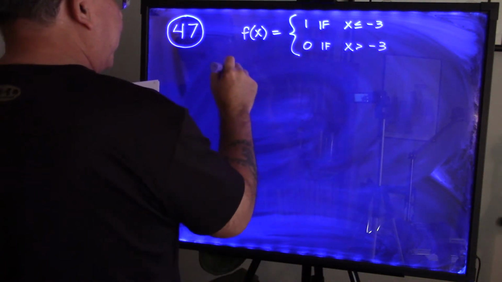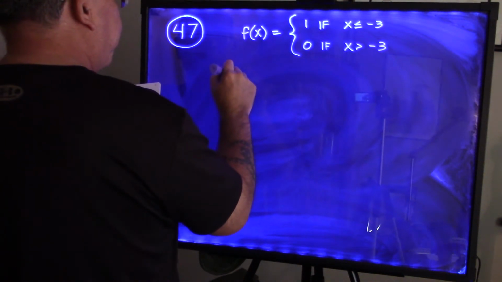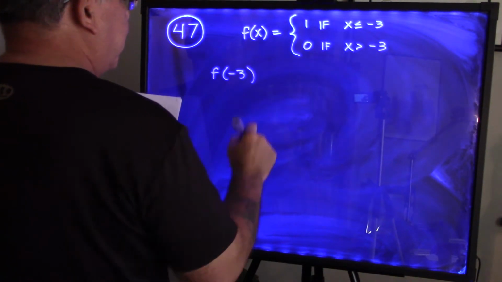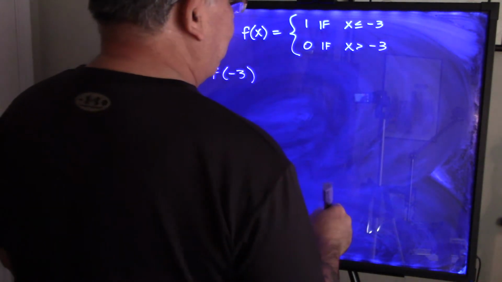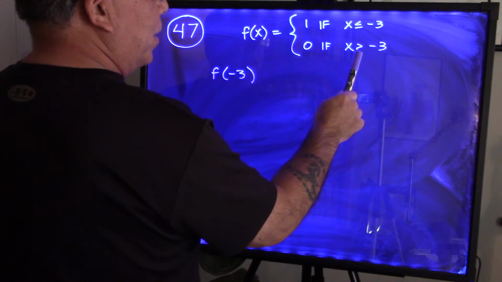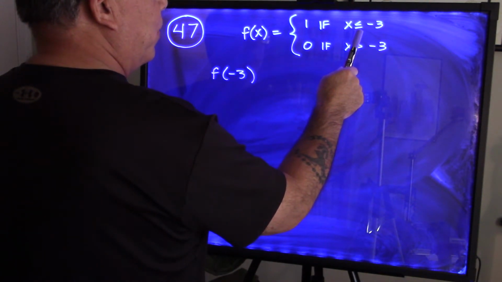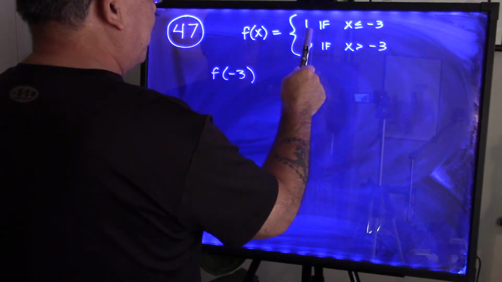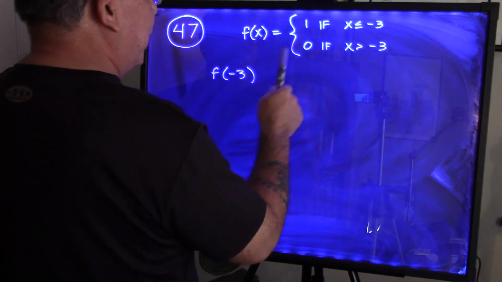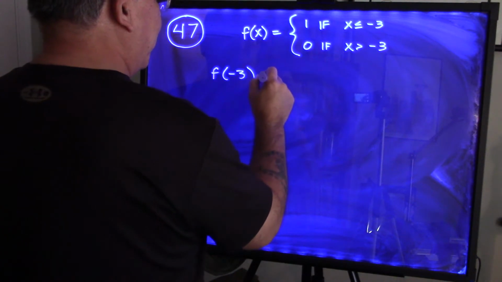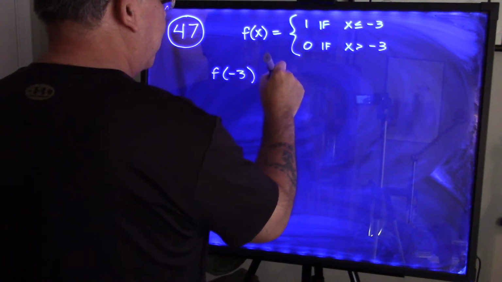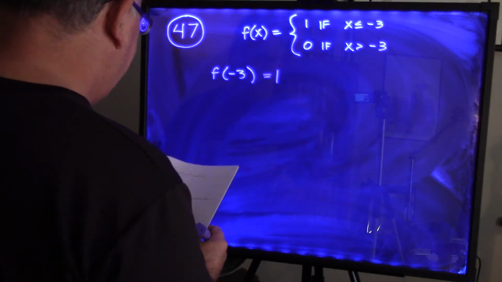So the first one is f of negative 3. So if x is equal to negative 3, that does not fit here, but this does, all right? This is less than or equal to. So y equals 1. In other words, f of negative 3 is equal to 1. Okay?